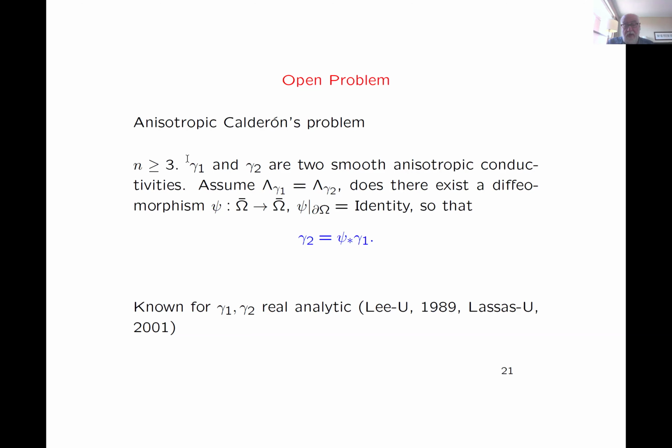In 2 dimensions it works because you can transform an anisotropic conductivity to an isotropic one using isothermal coordinates, but this is not the case in dimension 3 or higher. So especially for the people who have not tackled this problem, they can look at it with fresh eyes and maybe they have a new idea how to do this problem.